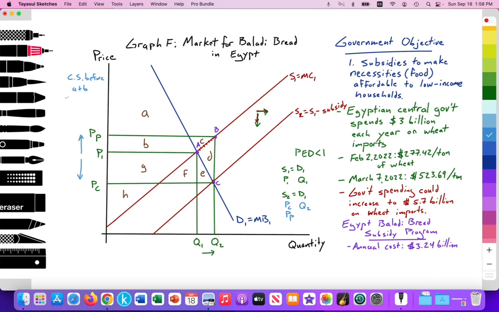But then consumer surplus changes and increases with the subsidy. After the subsidy is applied, it increases to areas A plus B, plus G plus F plus E. So let's go ahead and illustrate that.